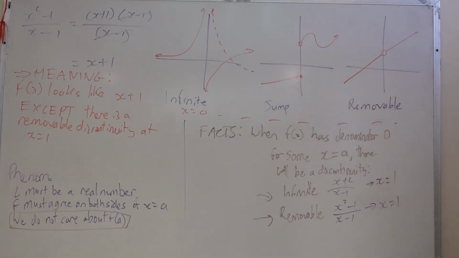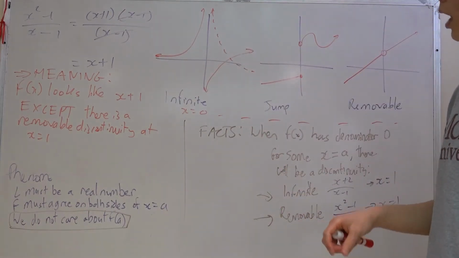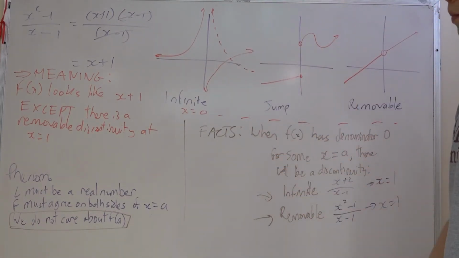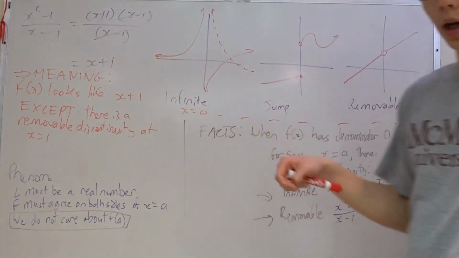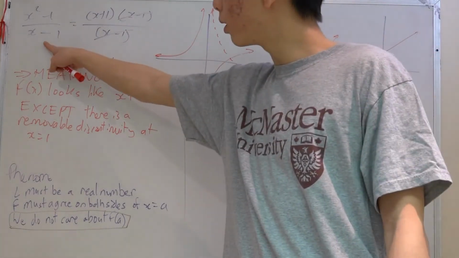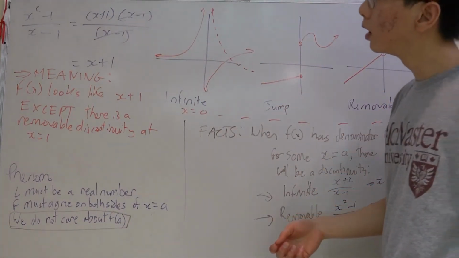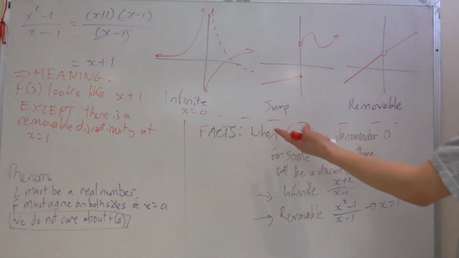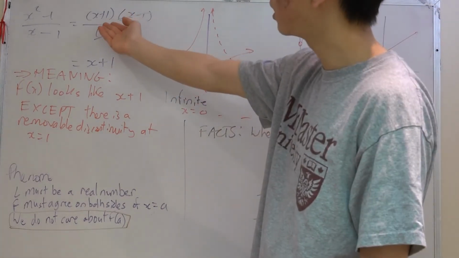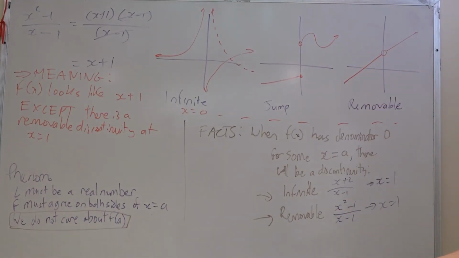Okay? So that's how you interpret these removable discontinuities. When you get things that are canceling in the function, they create removable discontinuities. Because you can never really get rid of the problem that the denominator created. If you stick a 1 in here, you will get 0 over 0. That's a problem, right? However, it doesn't mean that you can't factor it, so that the rest of the function looks pretty much exactly like x plus 1. The only problem part is going to be at x equals 1.